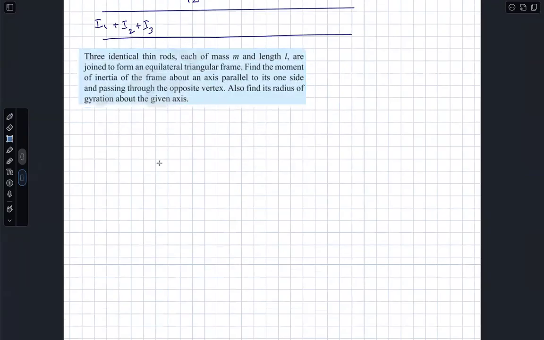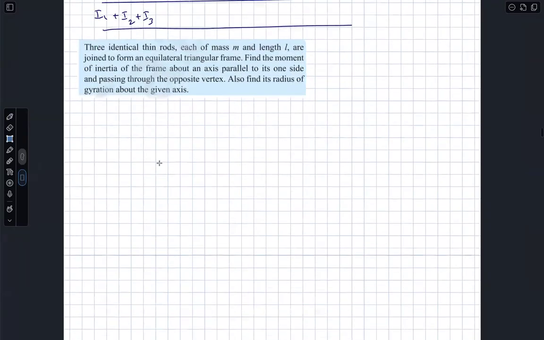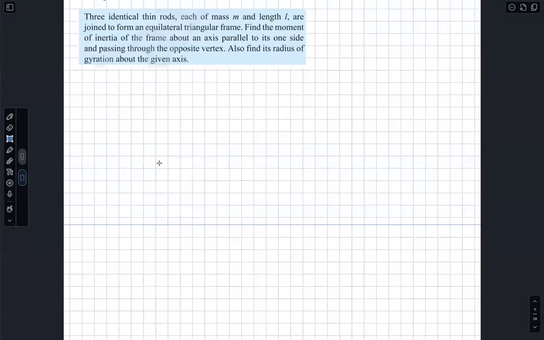Three identical thin rods, each of mass m and length L, are joined to form an equilateral triangular frame. Find the moment of inertia of the frame about an axis parallel to one side and passing through the opposite vertex. If we are good at drawing the diagram, half the question is done.